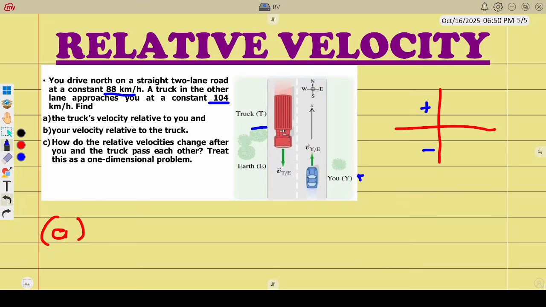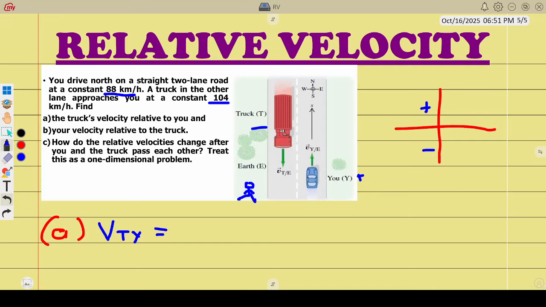So now let's answer the question. They are asking, what is the truck's velocity relative to you? So we just add the velocities. When you understand physics beautifully, you'll be able to imagine things. Like if you have someone standing on the earth looking at the train, I'm going to explain this after solving.